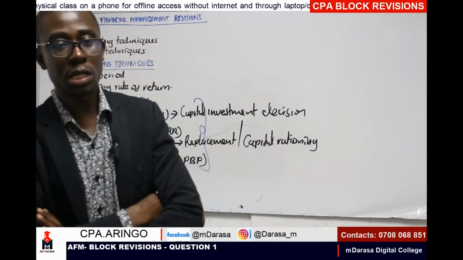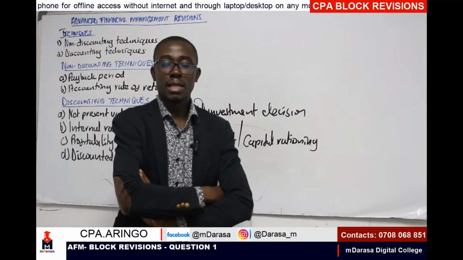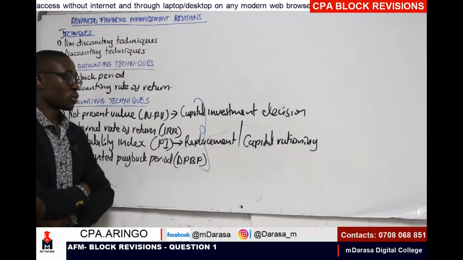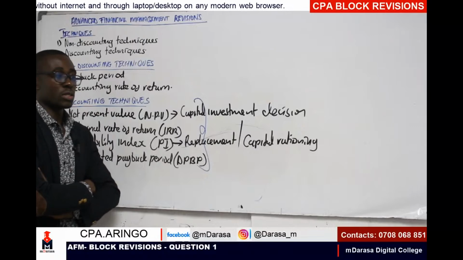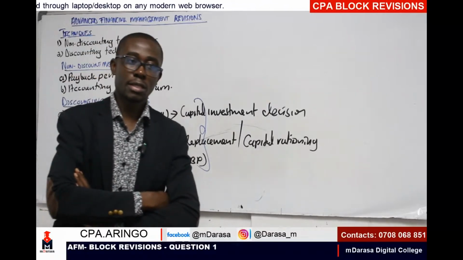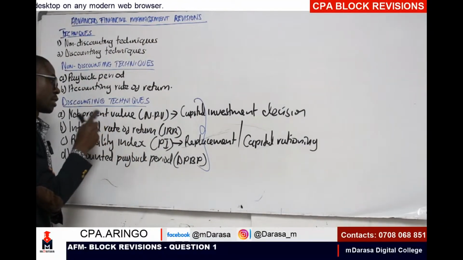So in our question, clearly we can see it is a capital budgeting decision. I'm not talking of a replacement decision, or of capital rationing. We are looking at whether it is wise for us to invest in that project or not. Therefore, that will take us to the net present value.